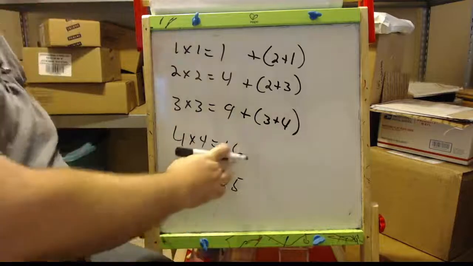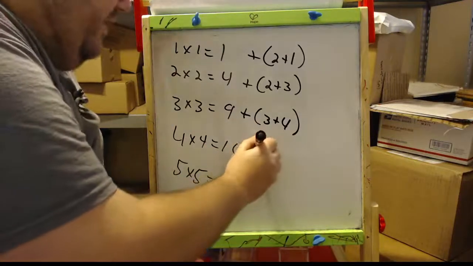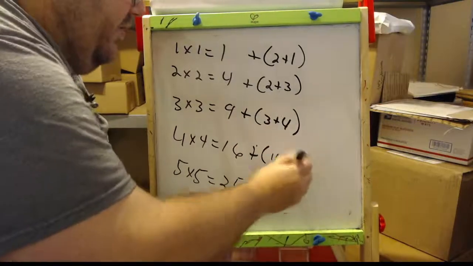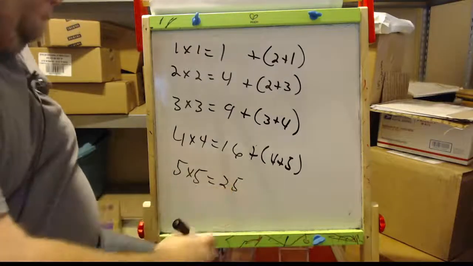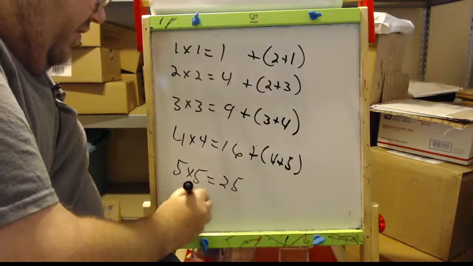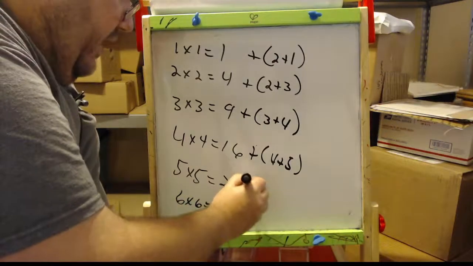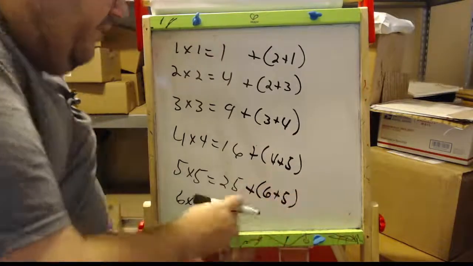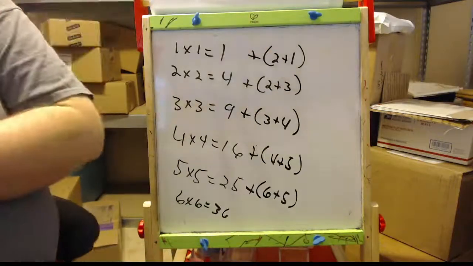The next one is going to be 25: 16 plus 4 plus 5. I was just thinking about this just now. It dawned on me. So that's 25. So 6 times 6 is 36, which is the perfect square of 5 plus the next one, 6, plus the original 5. So 11 and 25 is 36, then 49, then 64, and so on.